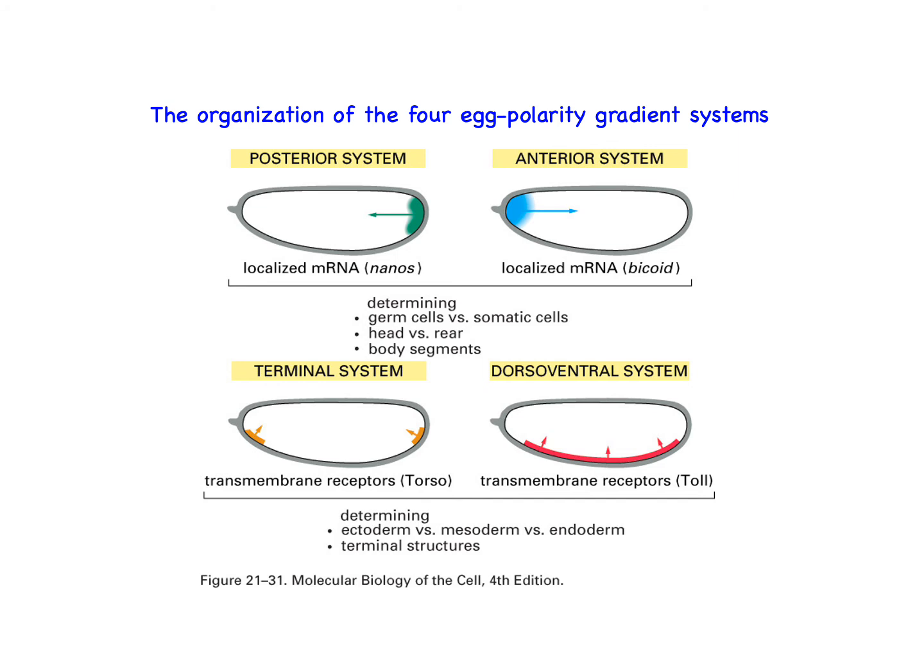In fact, it's the same gene, although again in humans there are an array of Toll-like genes. So Toll in Drosophila is used to set up this early dorsal-ventral gradient. It's expressed on the ventral part of the surface of the embryo and forms a gradient. But it's also used later on in the Drosophila immune system.